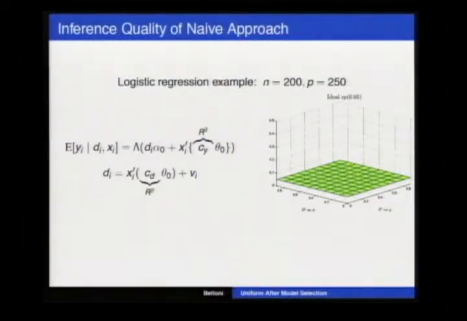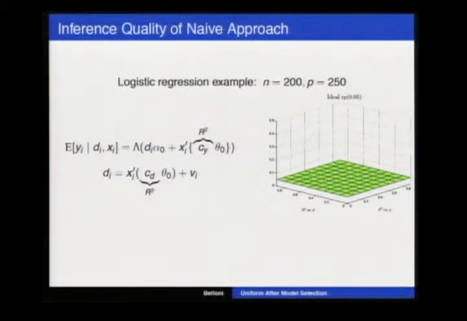I'm going to use logistic regression as an example, just to have some procedure here. So here is the data generating process. I have binary outcomes, so this expectation gives me the probability of the outcome being equal to 1 given the controls and the treatment. I have the logit function, 200 observations, 250 controls.